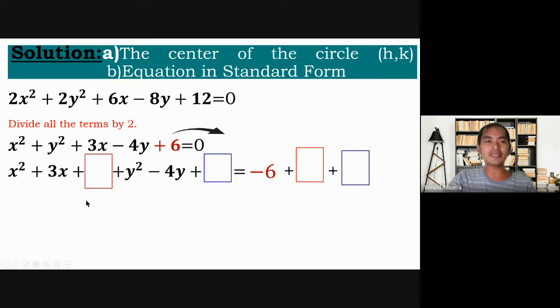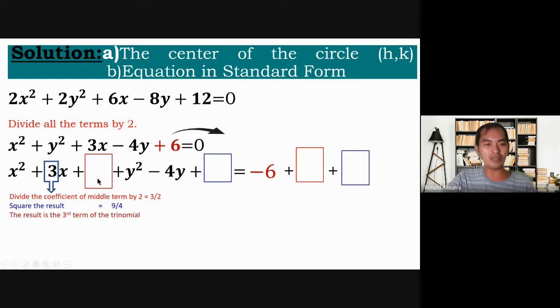How to do this? Get the middle term of x, which is 3, divide it by 2, and that's 3 halves, then square it. Square 3 halves, which is 9 over 4, that is what you add, and that is also what you put on the other side. Same with variable y, we have negative 4, divide by 2 is negative 2, square it is 4. Then add 4 also on the other side.